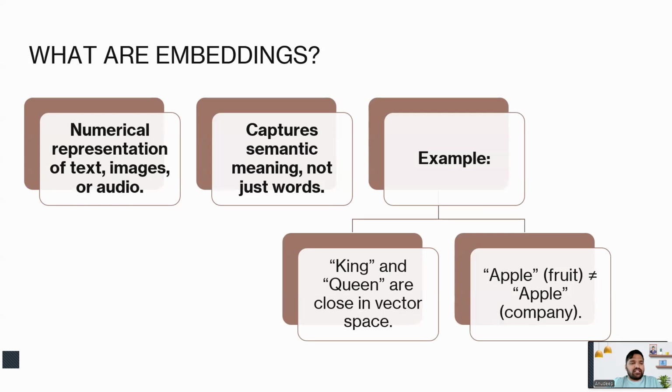So what exactly are these embeddings? As I told you, it is the numerical representation of the data that we have, and it captures the semantic meaning of it, not just the words. When it comes to text or language data, we need to understand the context of the word being used so as to preserve the originality of the data.